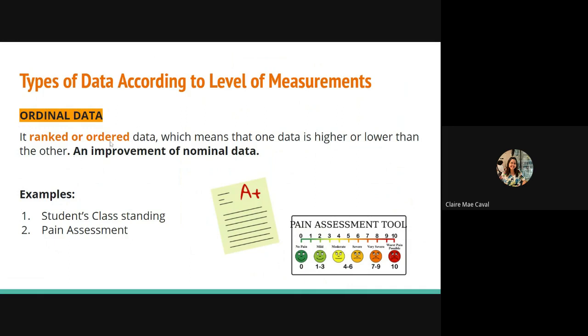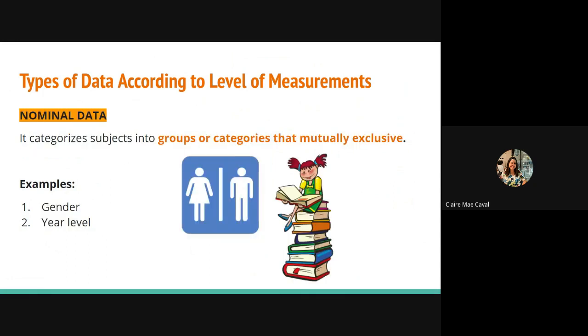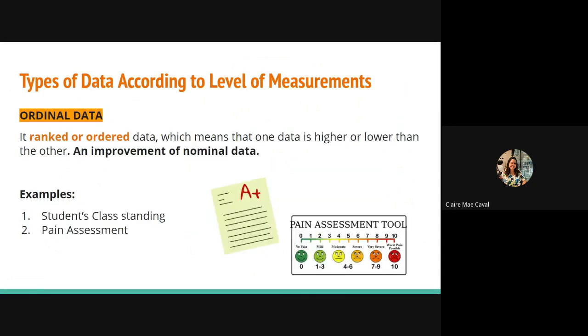Because ordinal data is more accurate and higher level than nominal data, it is already an improvement of nominal data. But remember class, for year level: freshmen, sophomore, juniors, and senior students, though freshmen are lower than sophomore, they cannot be compared because they are categorized differently.